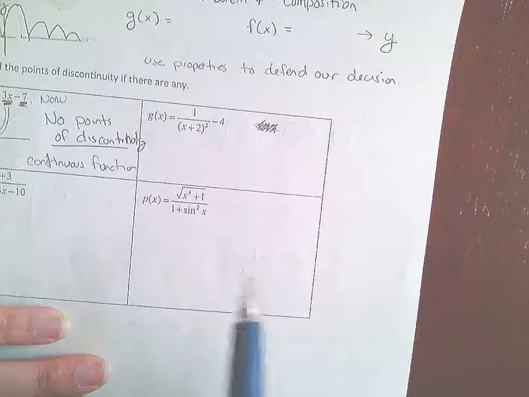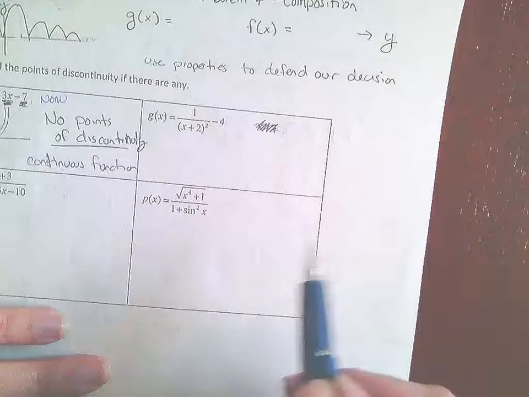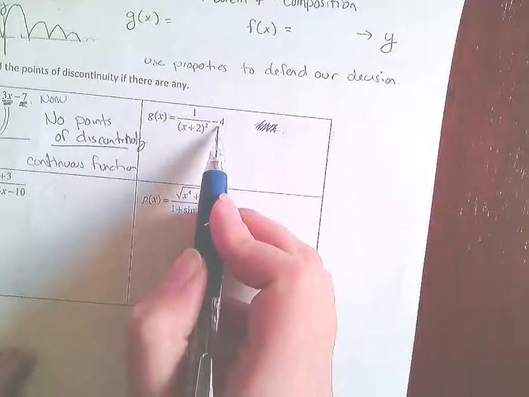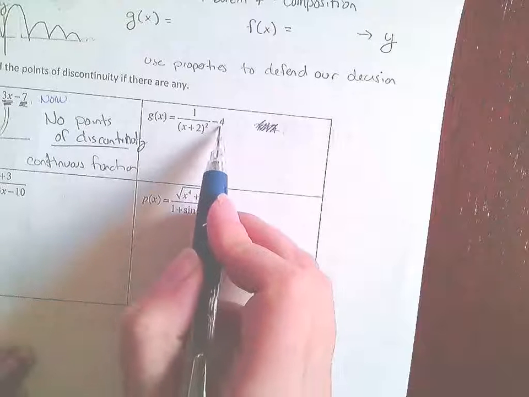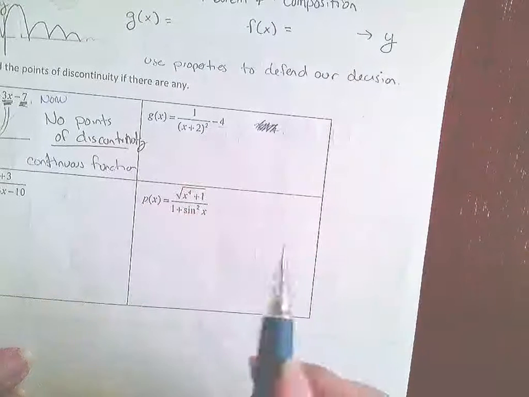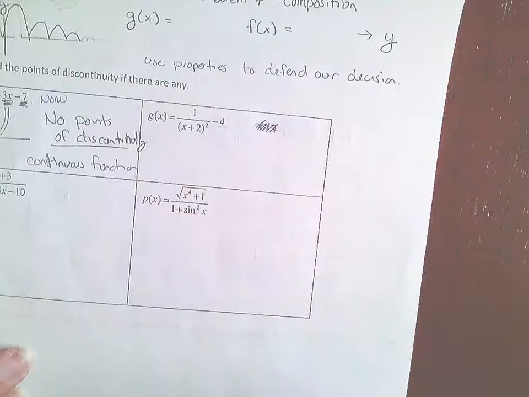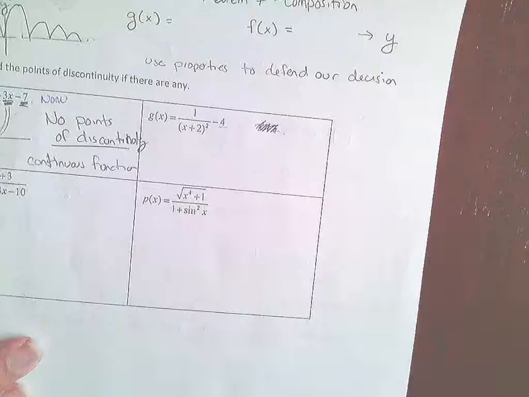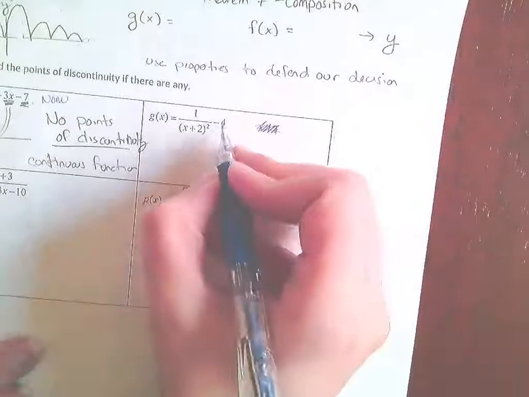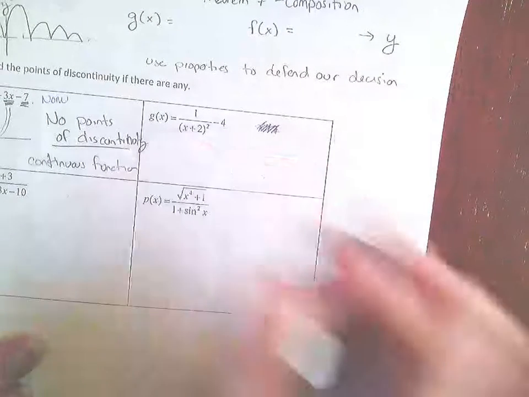Now, you don't want to do anything right now because we do need to find a common denominator, which could possibly find us a hole, so a removable discontinuity, rather than just vertical asymptotes.